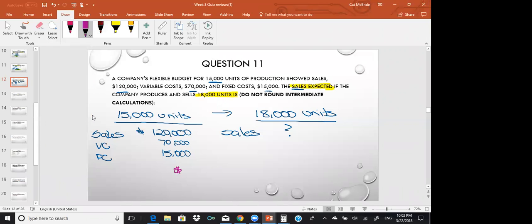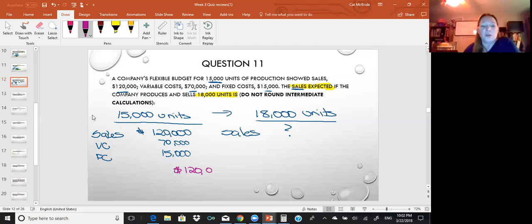I have $120,000, and that was for 15,000 units. So my sales price per unit is $8. So now I know my per unit sales price.